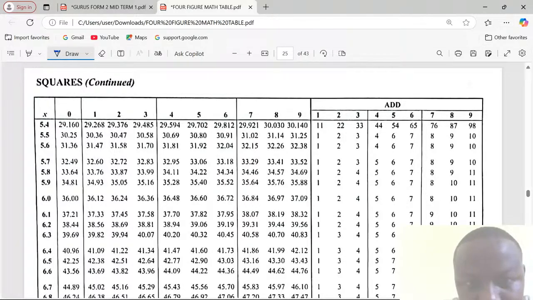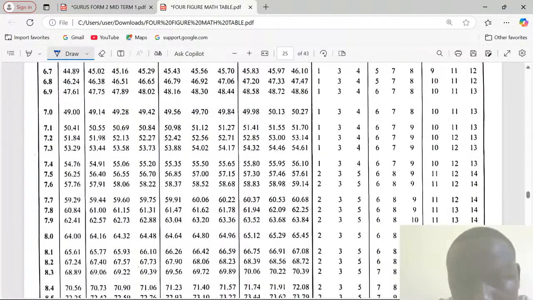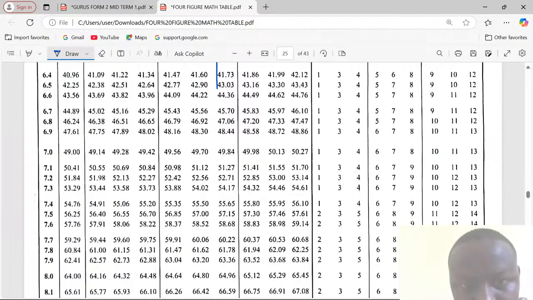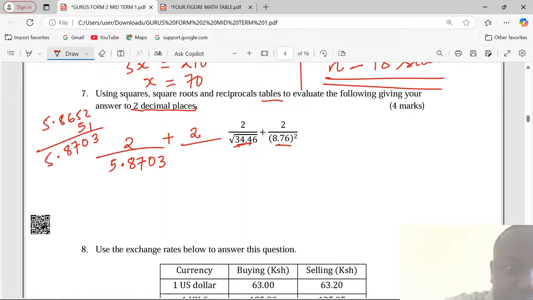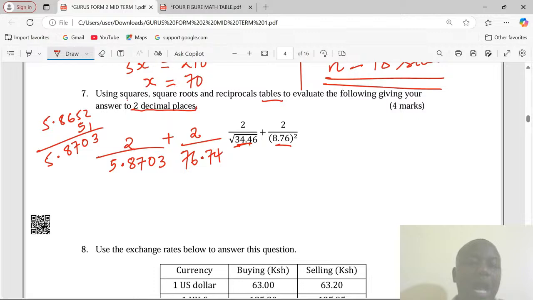This is the column we are going down with. Where are they intersecting? At this point. So when I square 8.76, I'm getting 76.74. So I have gotten the square root and I have also squared on the other side.